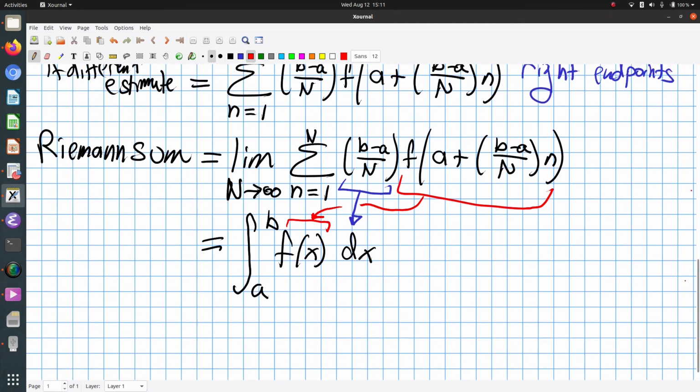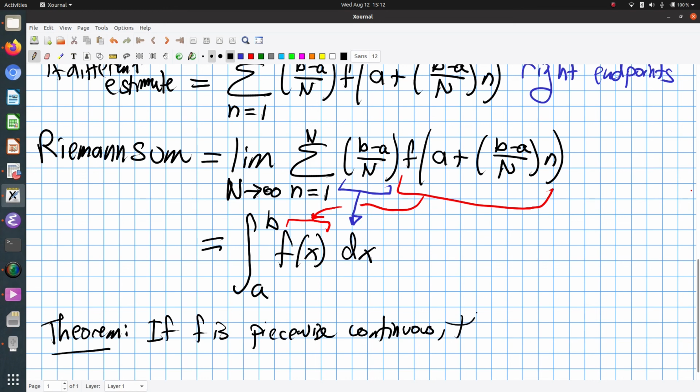But now the important fact, the important Riemann sum theorem, says that if f is piecewise continuous, then the left endpoint formula is equal to the right endpoint formula.